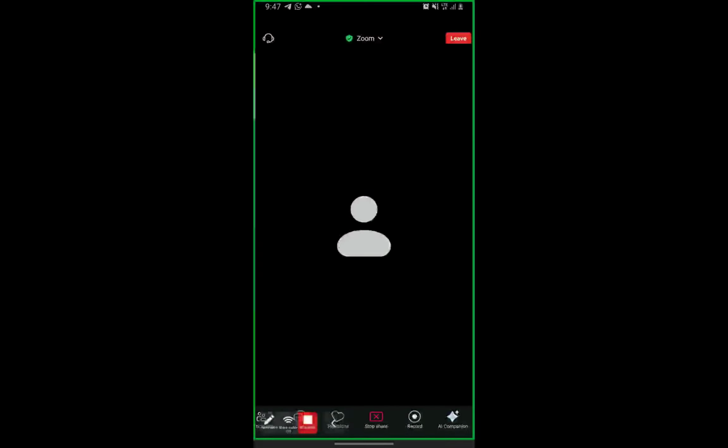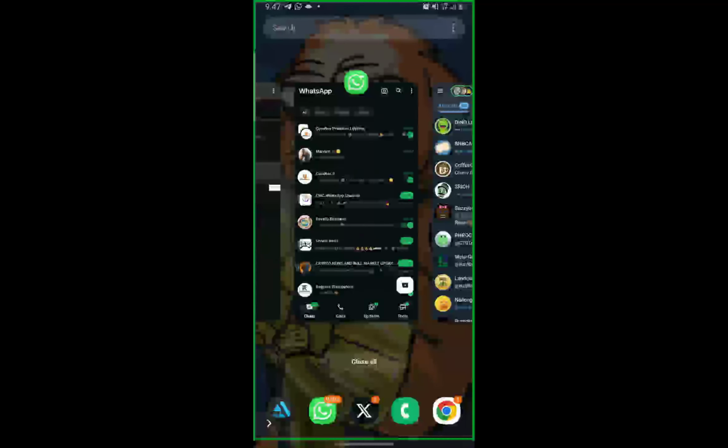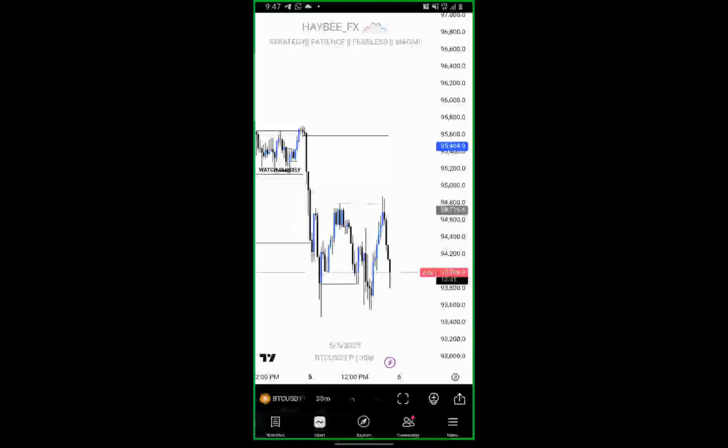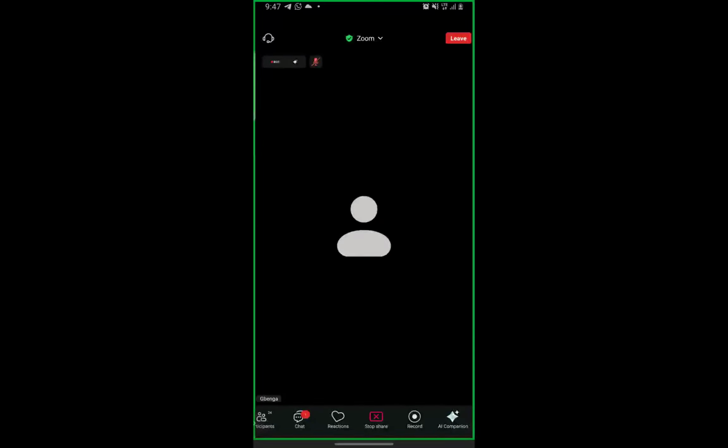Please, can you see my screen now? Let me know. Do you see my screen like this? It's showing that I'm sharing screen. If you can see my screen, type one in the chat box, please. No, it has not shown, still loading. Yeah, I can.